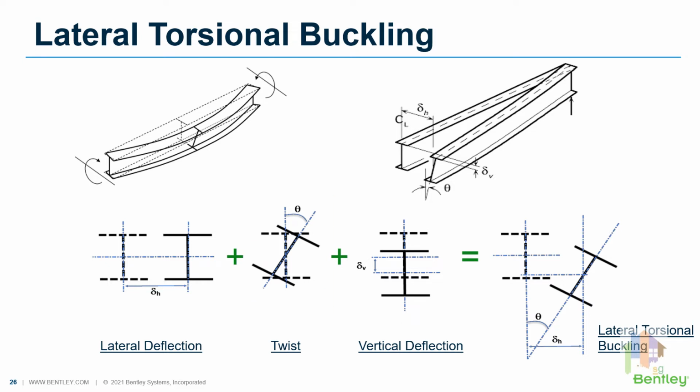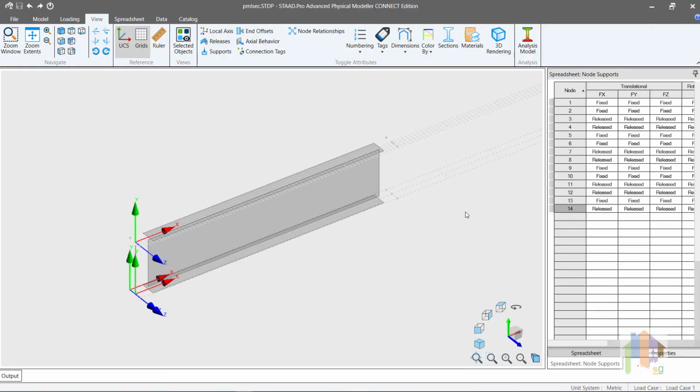So the beam will not only move laterally but also experience a twist, which we term lateral torsional buckling. In most cases, this results in beam failure and we need to calculate the elastic critical buckling moment, or MCR value, to ensure proper resistance against this.